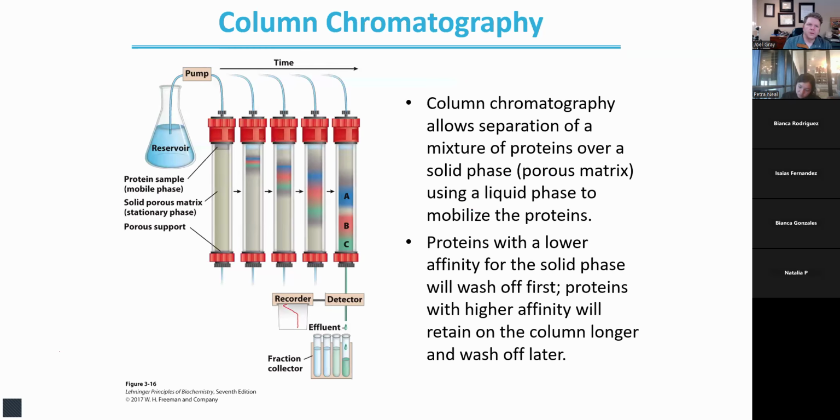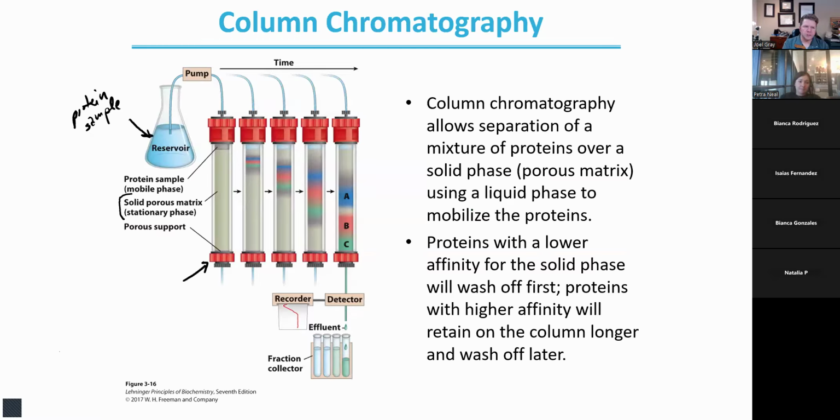Now, this kind of rundown of column chromatography is basically that you have a reservoir that has your protein sample. You're going to use a peristaltic pump to load that protein sample onto a column that looks like this.